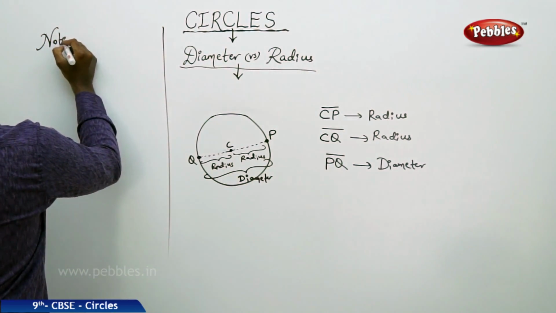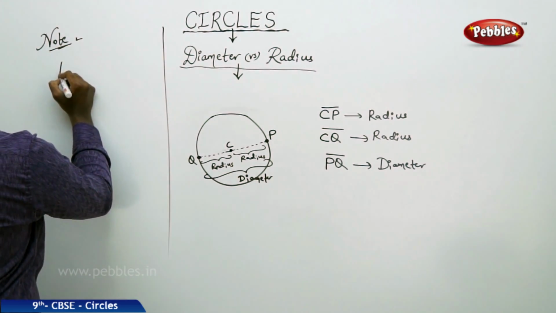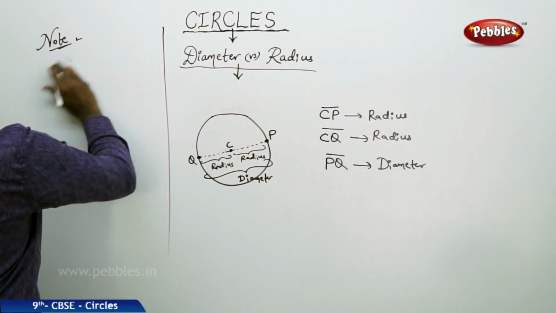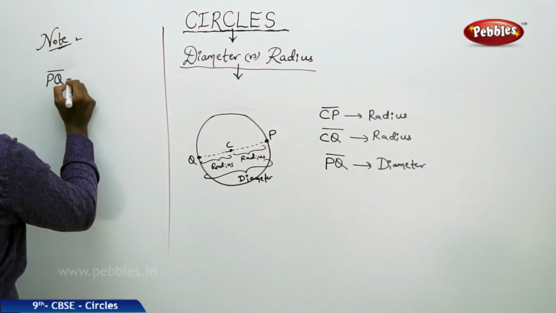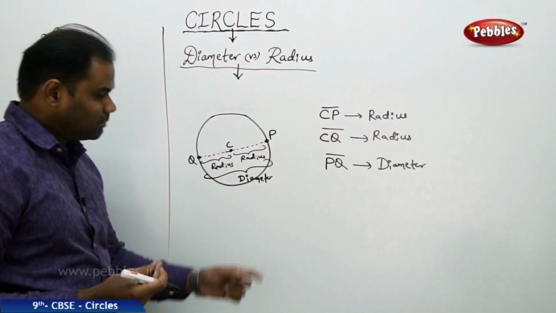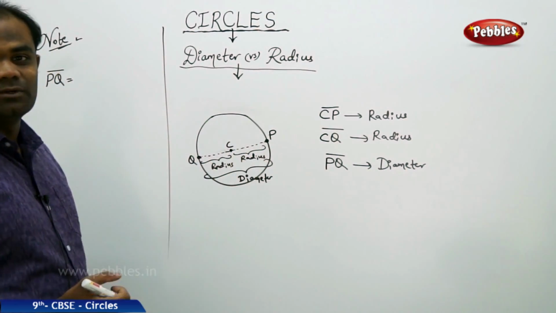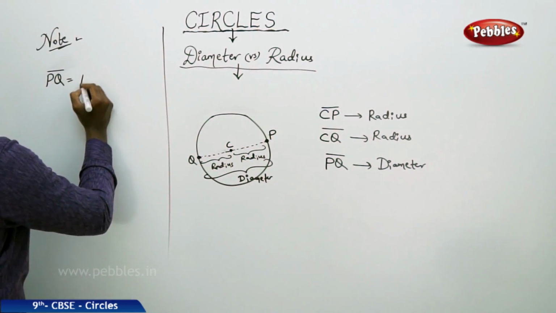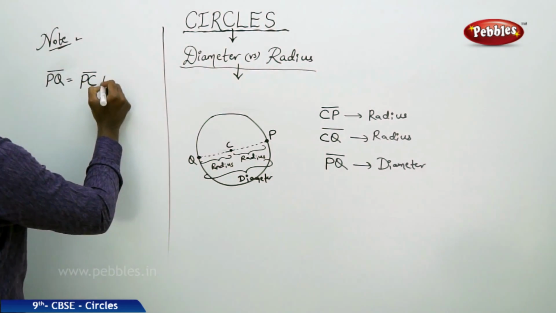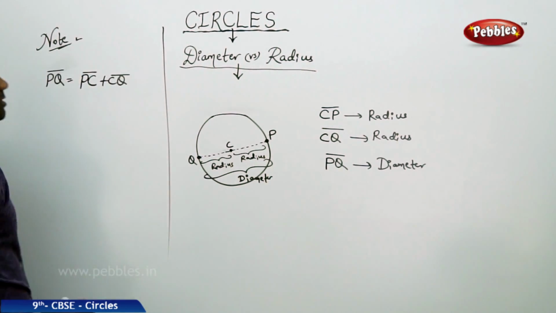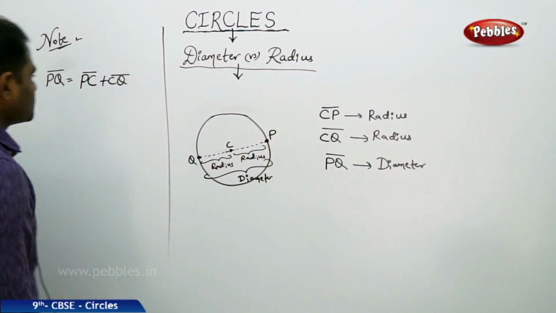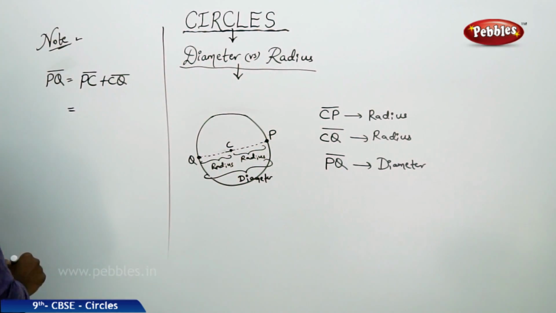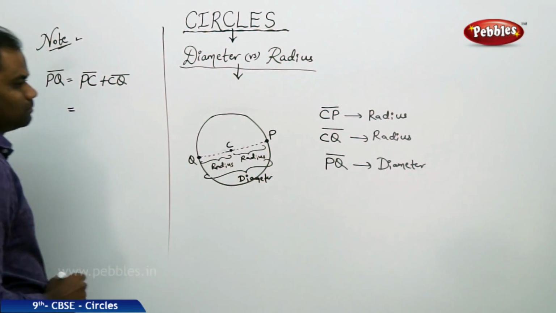Also, it is very important to note that PQ is nothing but PC plus CQ, because when this and this are joined, I get the bigger line. So PC plus CQ is PQ.